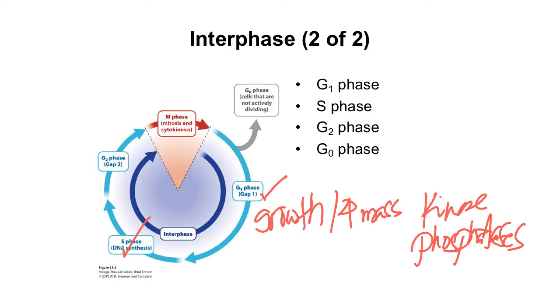is called the synthesis phase, and this is a very, very special phase because this is where the entire DNA content, the entire genome of the nucleus has to be replicated and or duplicated, and has to be duplicated faithfully.